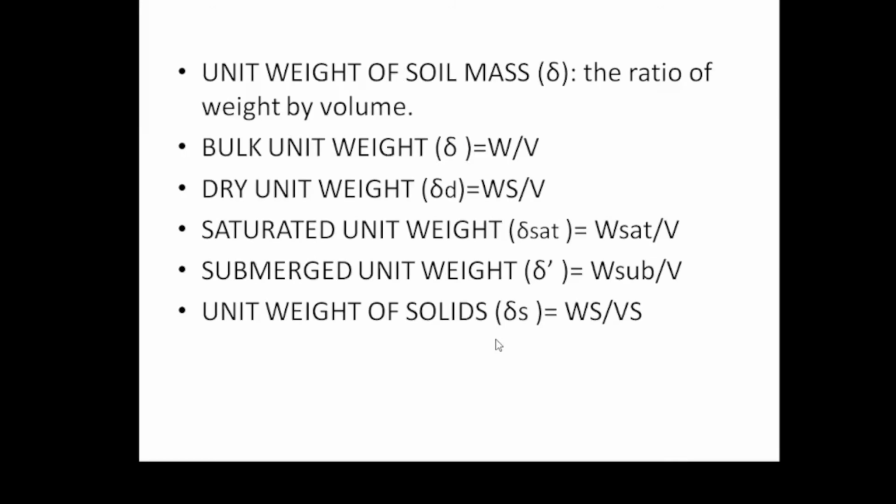Now, in the previous slides, we saw density, which is nothing but mass by volume. And we defined bulk density, dry density, saturated, submerged, etc. Now, the next term is unit weight of soil, which is denoted by the letter gamma.